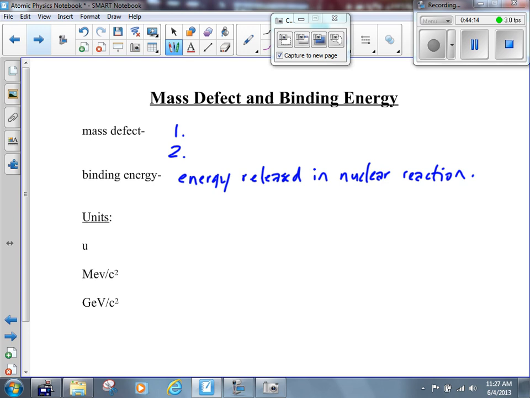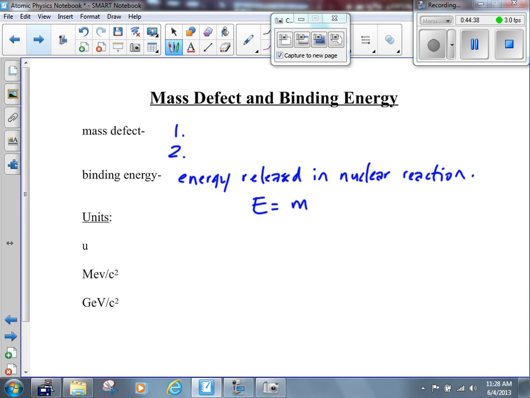You could define it as well as the energy that's required to build a nucleus. But that's not really a relevant thing for us. We care about it the other way around. The energy that's released when you rip a nucleus apart. The energy that's released in a nuclear reaction.